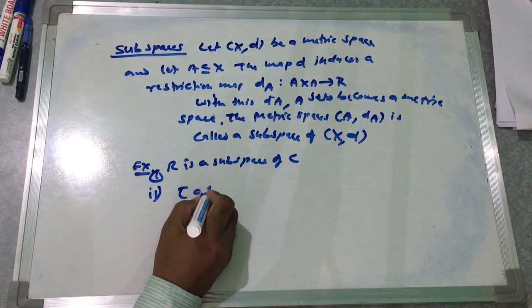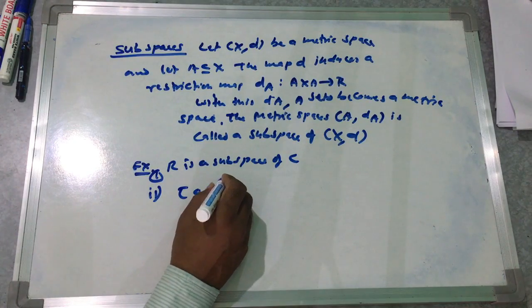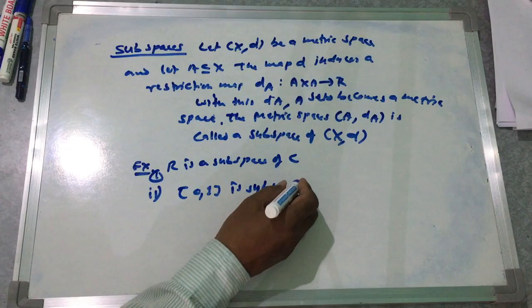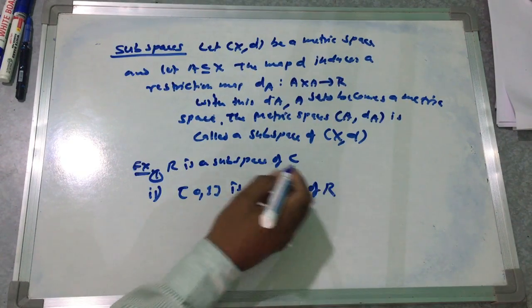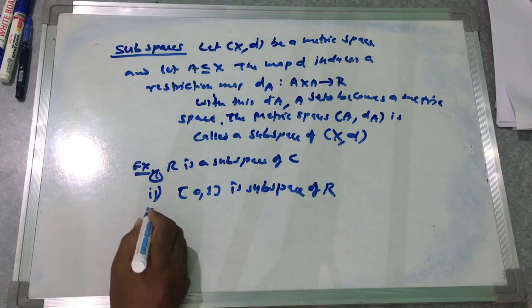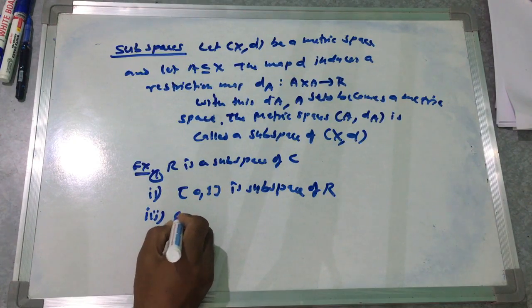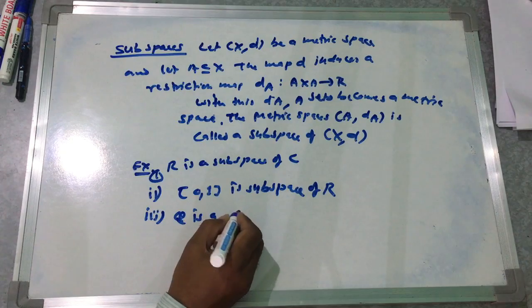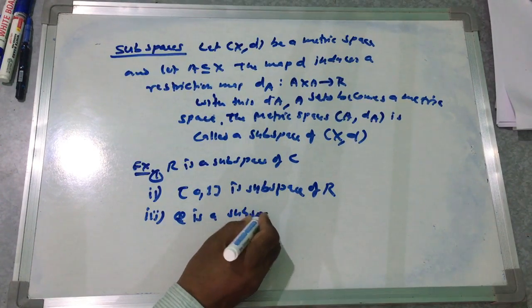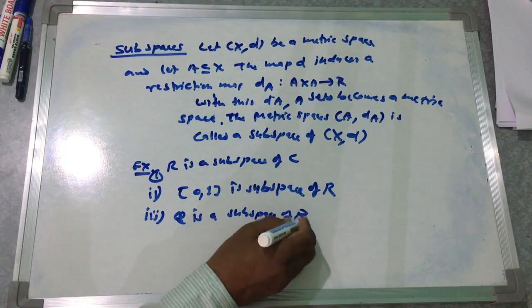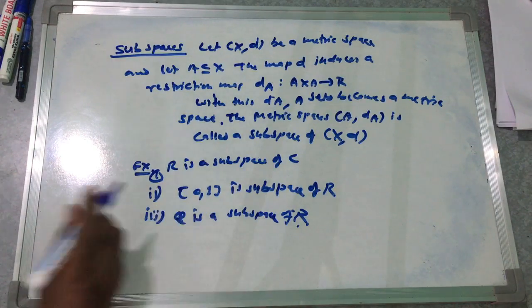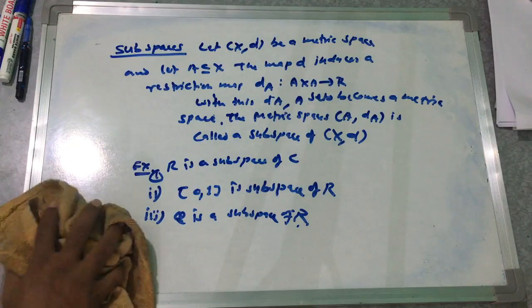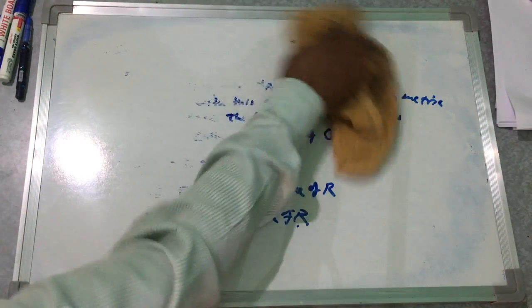This (0, 1) is a subspace of R. Then Q is a subspace of R. In this manner, these are the subspaces.